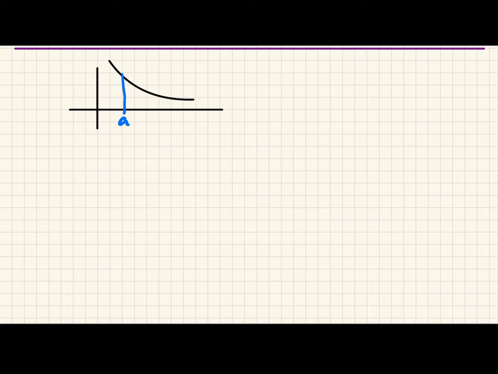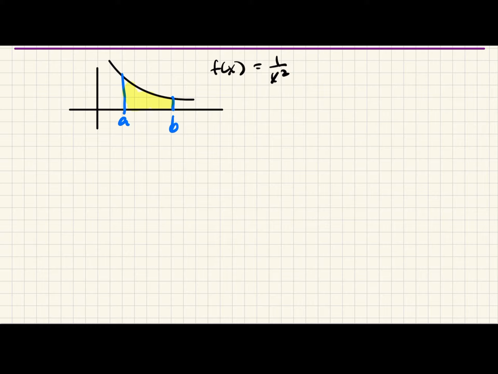I've got A and I've got B, and then I have a region that is bounded by the curve, the x-axis, and the limits. And let's say that this function, let's just say it's 1 over x squared. If I wanted to find this integral, to find that area, that wouldn't be bad at all, would it?